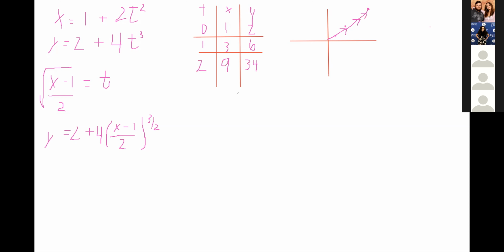Yeah, I'm probably going to do that one. So dy over dx equals dy over dt over dx over dt. So dy over dt is 12t squared.